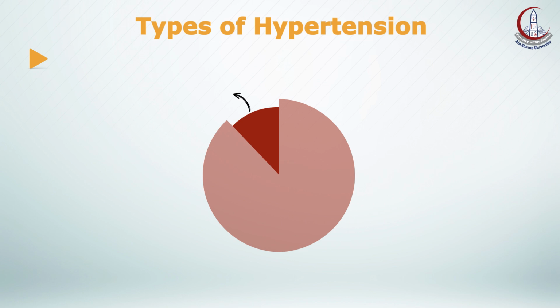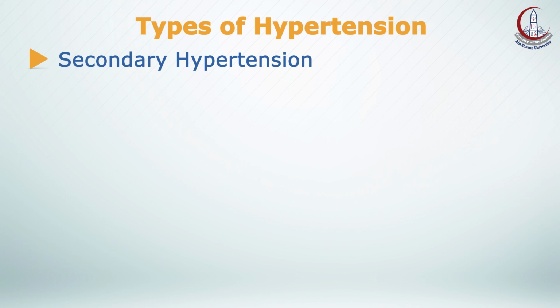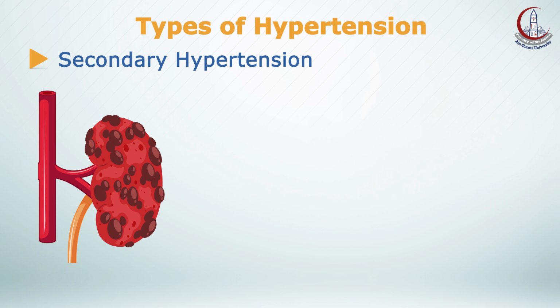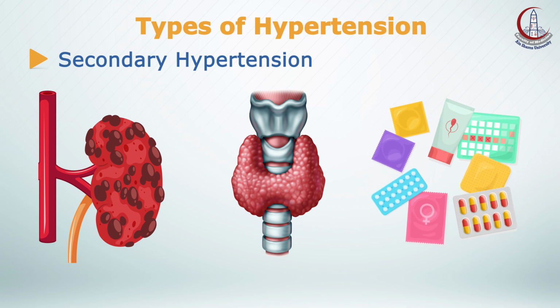The remaining 5 to 10% of cases are categorized as secondary hypertension, defined as high blood pressure due to an identifiable cause such as primary renal disease, some endocrinal disorders, or even secondary to the use of hormonal contraceptive methods.